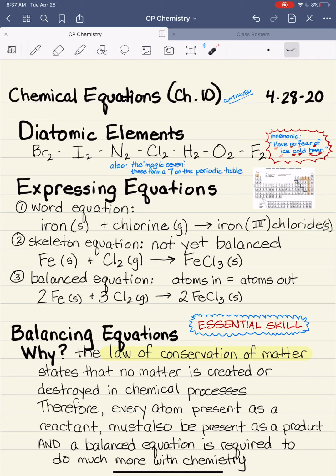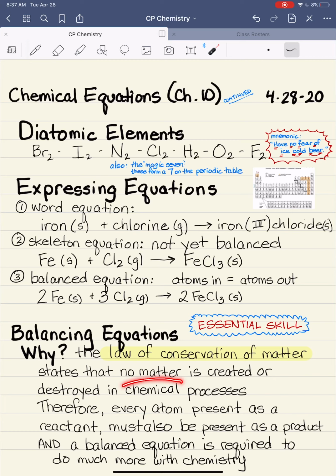Okay, now why are equations balanced? They're balanced because the law of conservation of matter tells us that matter is neither created nor destroyed in all chemical processes. Notice that I do say chemical processes, because we've already learned that in nuclear processes, we can have actual change from matter to energy or energy to matter.